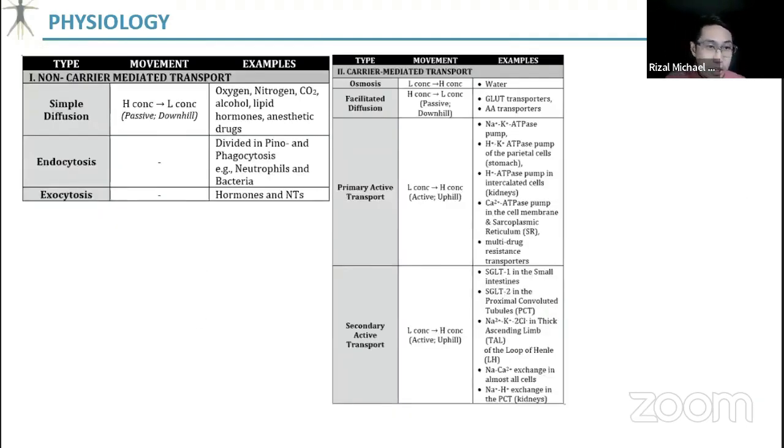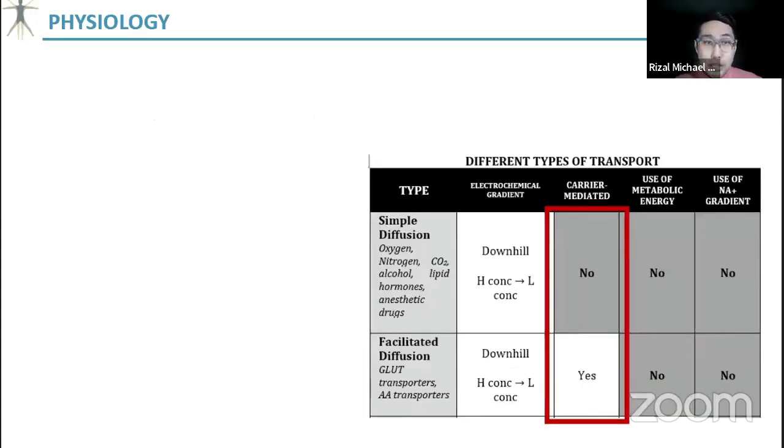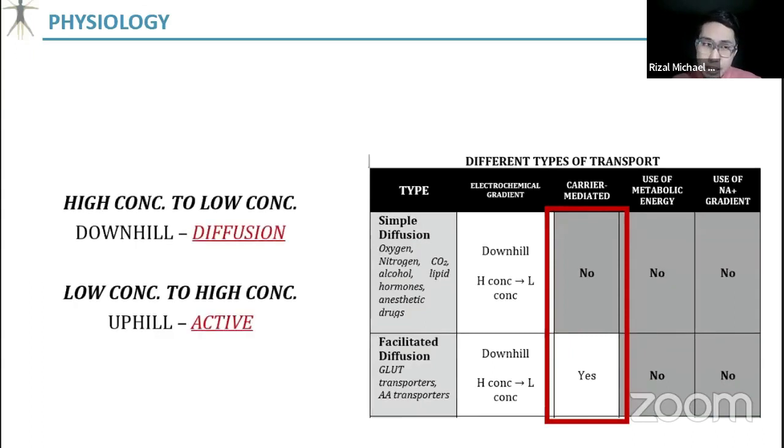These are our transports. We have the non-carrier and the carrier-mediated transport. As a crash course: if it goes from high concentration to low concentration, it's downhill, effortless, so usually diffusion.